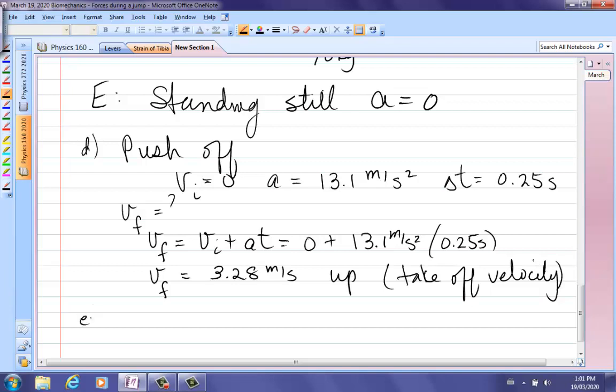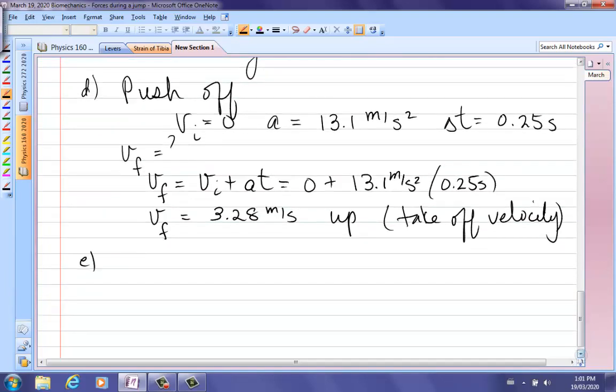Okay, next question is, what was her velocity just before she hit the floor on the way back down? Well, anything that leaves the ground traveling up at 3.28 meters per second, neglecting any air resistance, will rise, stop, turn around, accelerate, and just before it hits the ground, it will be going exactly the same speed.